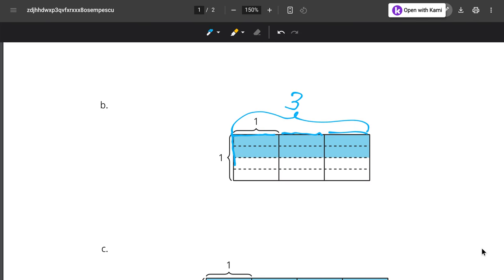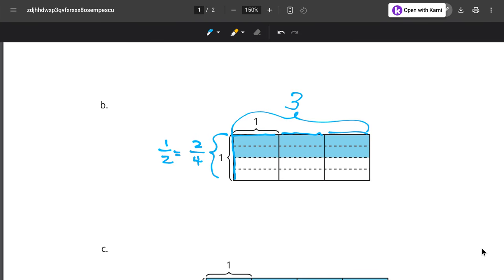I know that this entire thing represents 1 whole, but I don't have that much shaded. I actually have 2 shaded out of 4. So we could write that as 2/4, or you could also write it as 1/2, because those are equivalent fractions. We have a half that is shaded, or 2/4 that is shaded, when you are thinking about it horizontally or in rows. So we can write our answer in multiple ways here.